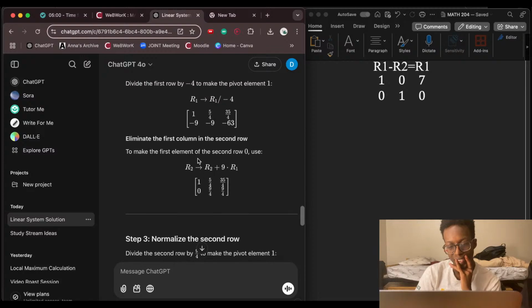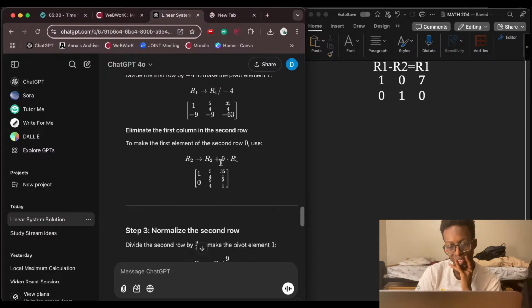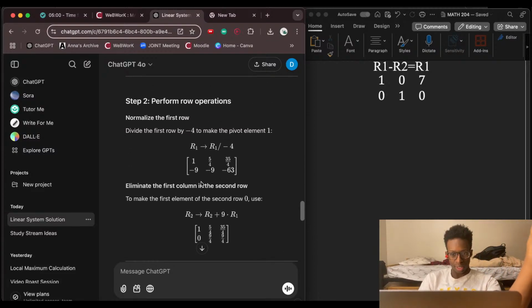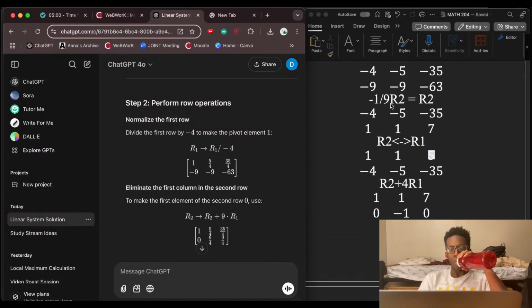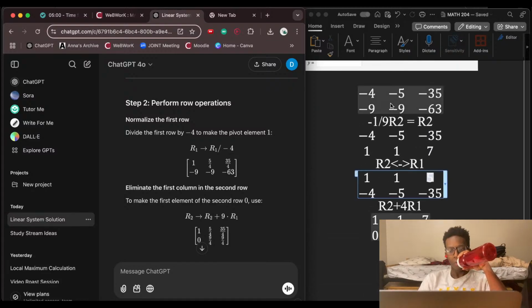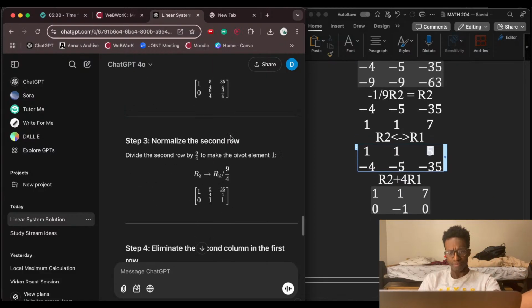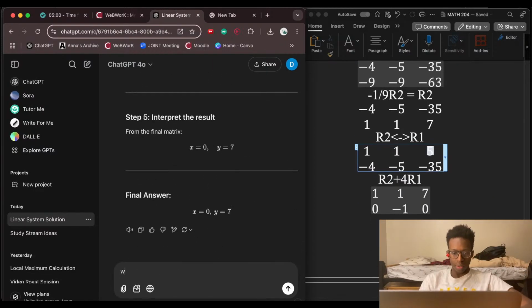And then at the first column, multiplying by 9. I didn't divide, did I? What about swapping?